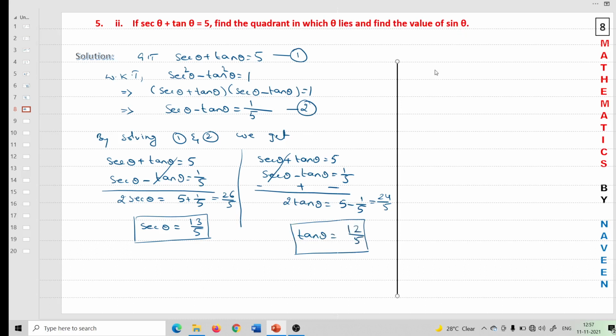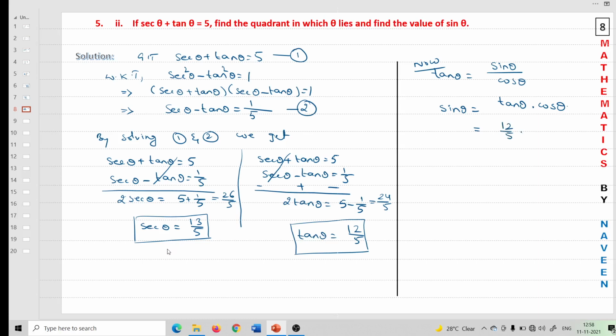So I am writing the tan theta formula here. Tan theta is equal to sin theta by cos theta. So we require the sin theta value. So sin theta can be written as tan theta into cos theta, right? So that is equal to, what is the tan theta value? 12 by 5 into cos theta value.